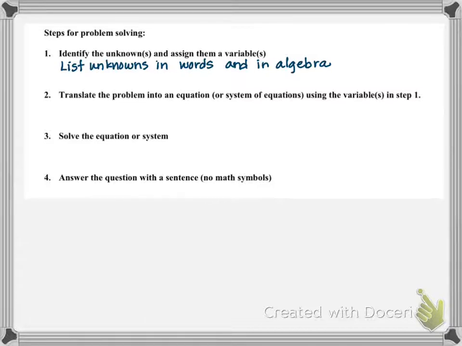Notice it says no math symbols. You want to answer as if somebody asked out loud, with a sentence you would actually say out loud. So if I ask you how old you are, I don't think any of you would say x equals 18, right?